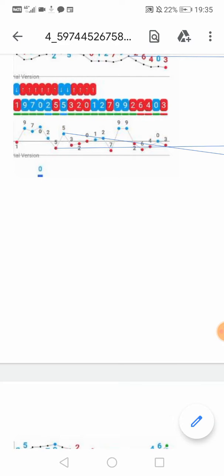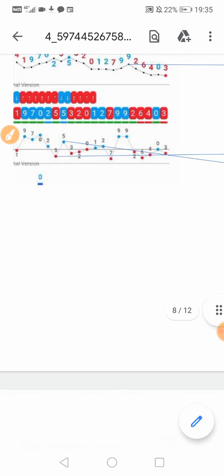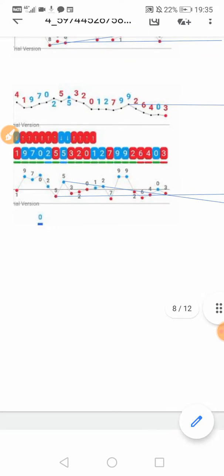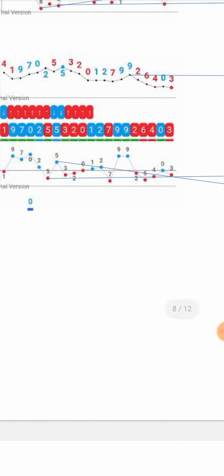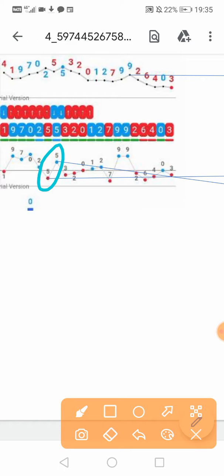Let's look at this example here. First of all, here's the first condition. We have a 5 blue and a 5 red. Then we notice that after 5 red, 5 blue, it comes down, then it goes high.